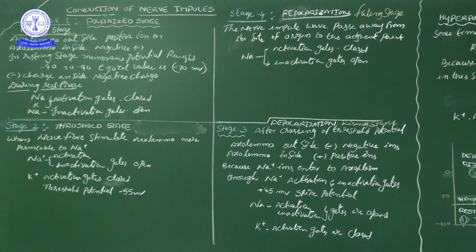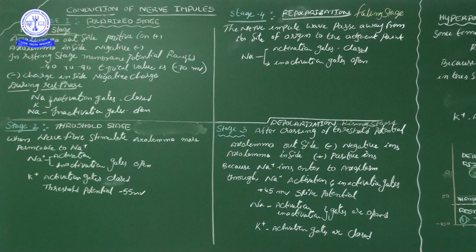At that stage our neurons' potential is approximately -40 to -90, maximum to minimum, and the mean value is -70, the accurate value, indicating negative charges inside. During this phase, the sodium and potassium activation gates are closed and only the sodium inactivation gates are open. That is the first stage.